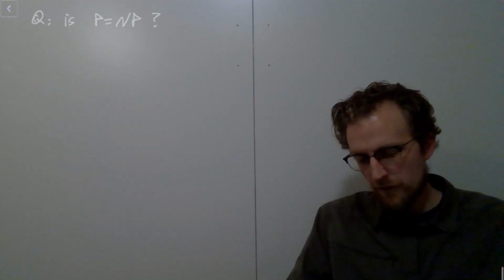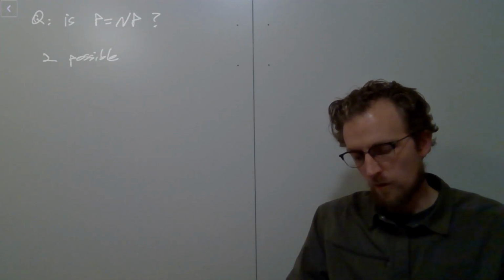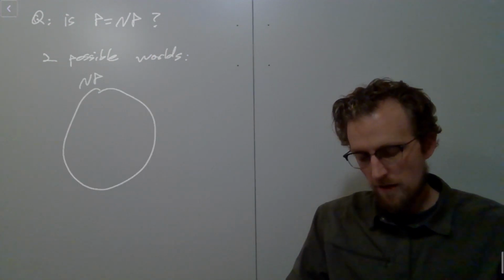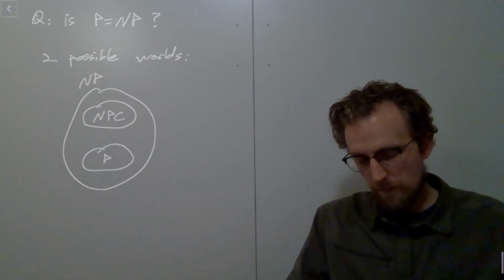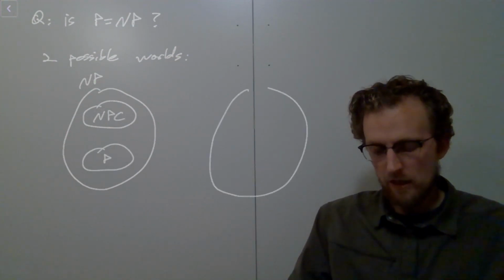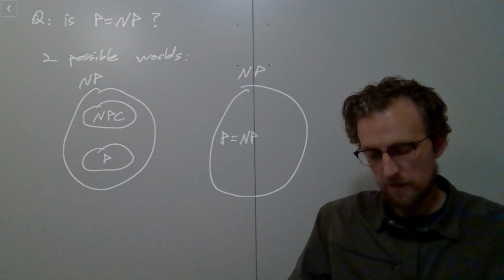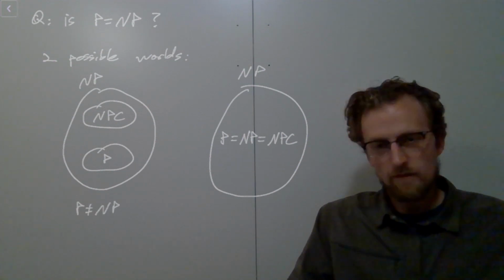So there are 2 possible worlds, and I'll draw the classic pictures. Here's our class NP. Either the NP complete problems are distinct from the P problems, or they coincide with P. So this is the world where P does not equal NP.